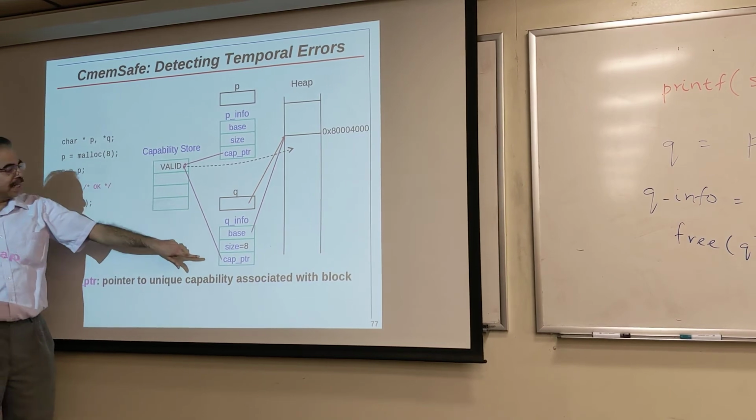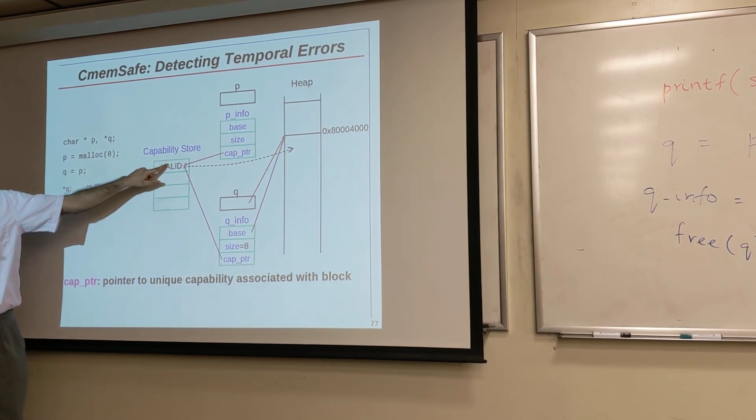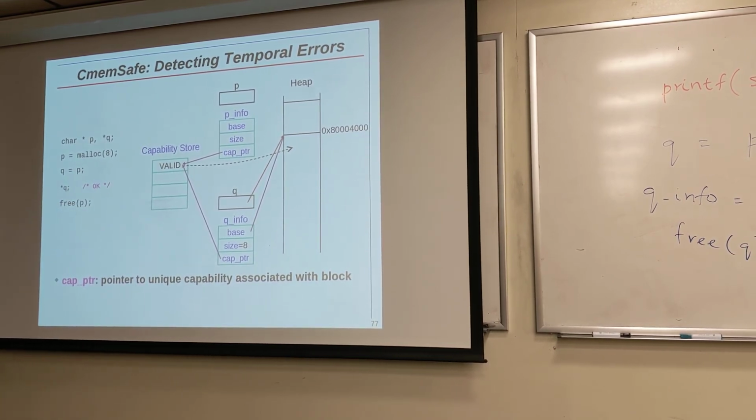So this way, anybody who is checking that capability will know that it is invalid. So that's how, by using an extra level of indirection, we have solved the problem. If you do star Q, the capability check fails. And there you go.